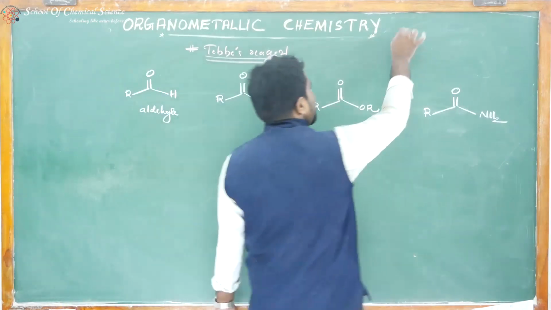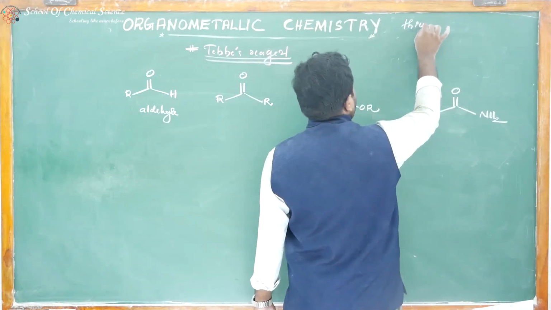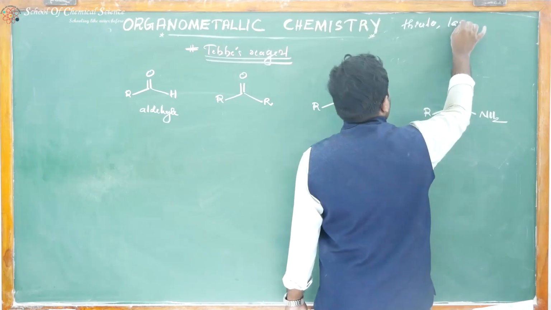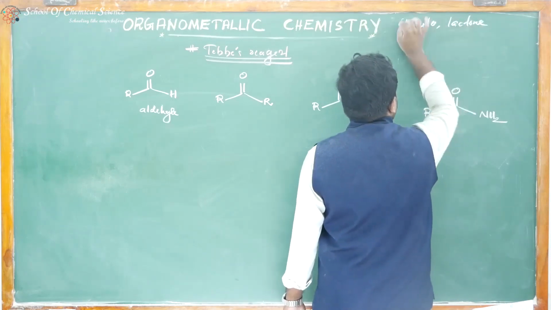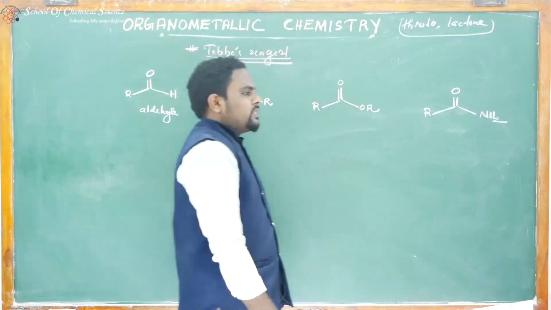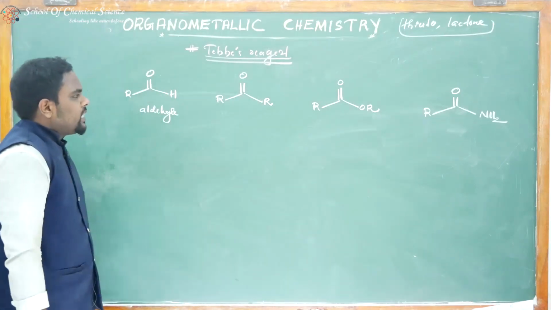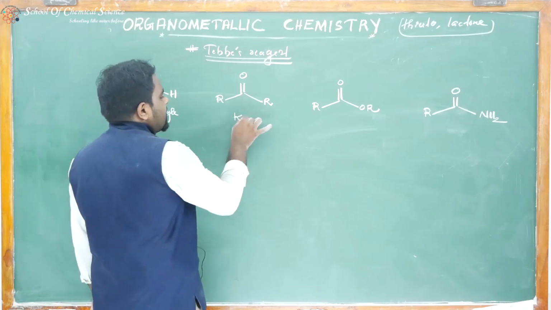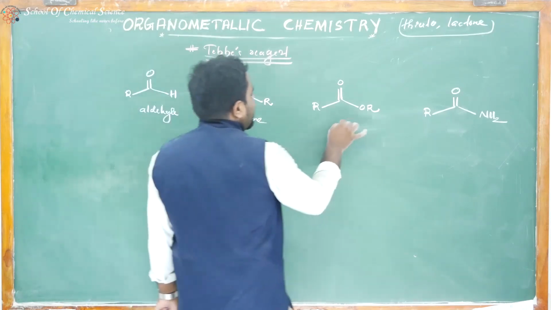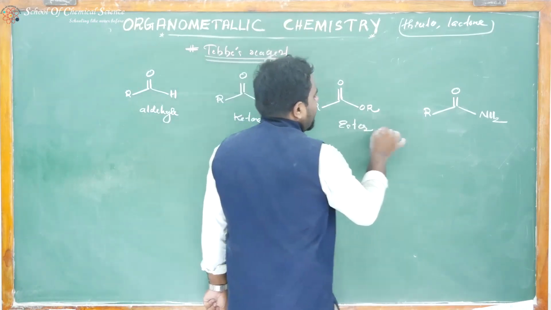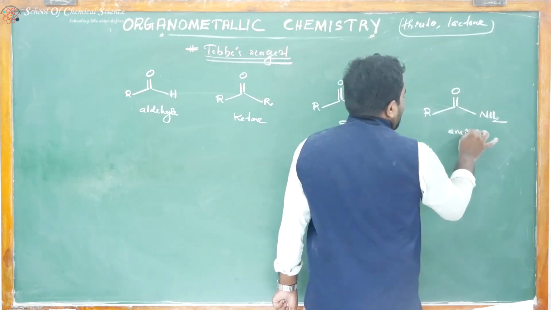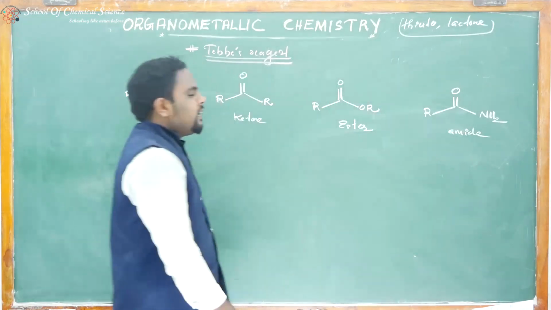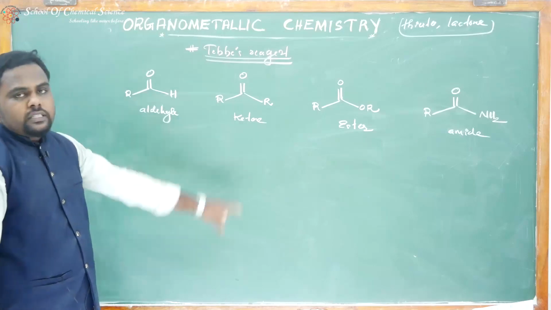Then also thioester, then lactone, etc. But the most important functionality is aldehyde, ketone. From our exam point of view, these four are important: aldehyde, ketone, ester, amide. All these functionalities are reacted by Tebbe's reagent.